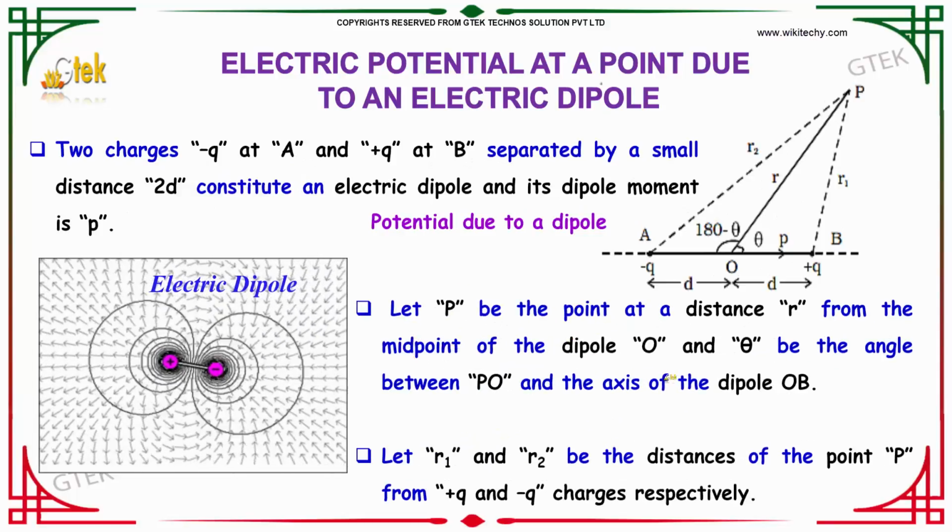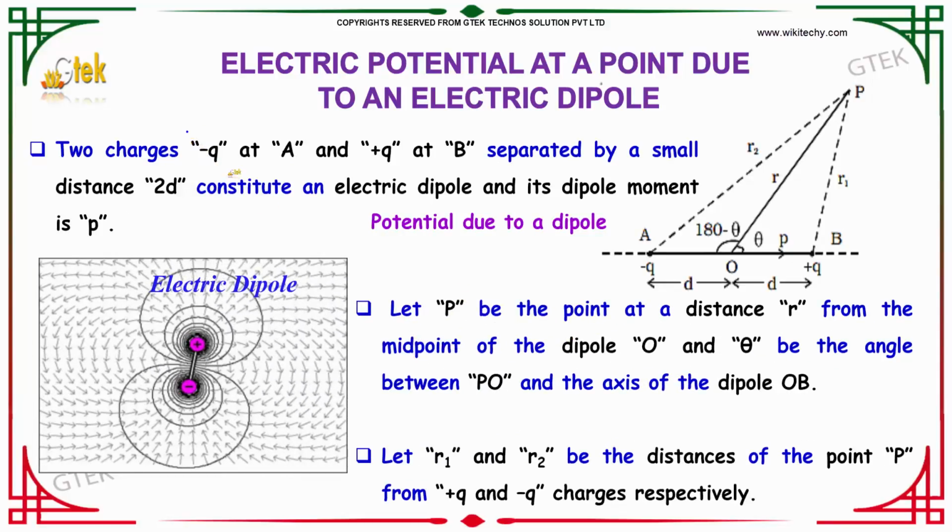At first, let us consider the two charges, that is minus q at A and plus q at B. You can see here minus q is at A and plus q is at B, which has been separated by a small distance 2d.